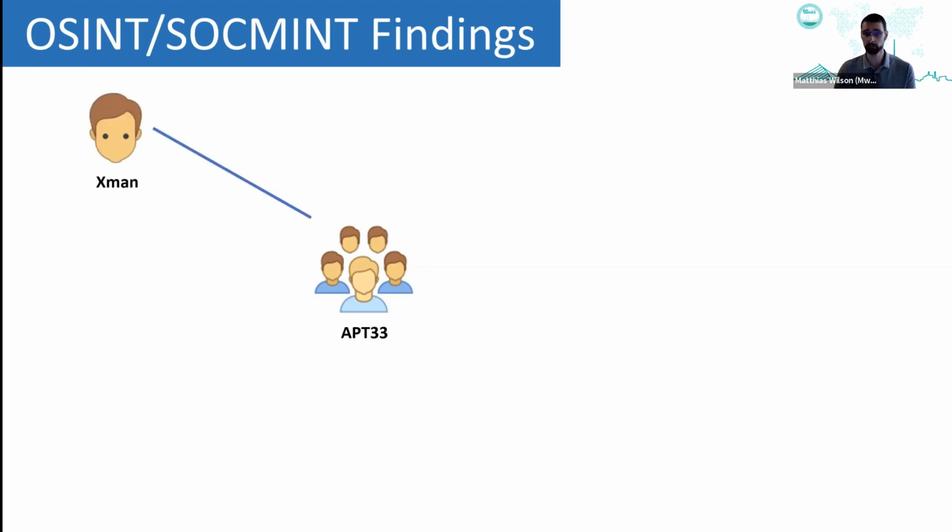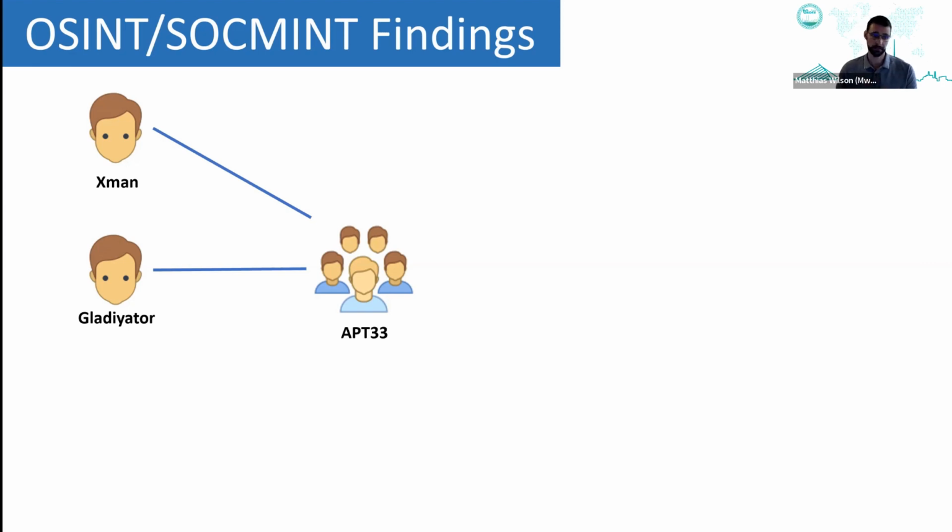So X-Man was linked to APT 33 through that little snippet you saw where he basically used Windows with the username xman1365_X.